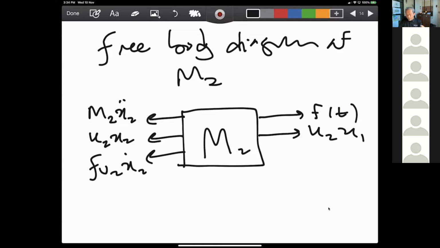Then we have the opposite side of x1, which is FV2 x1 dot. Then you create the force equations from here.